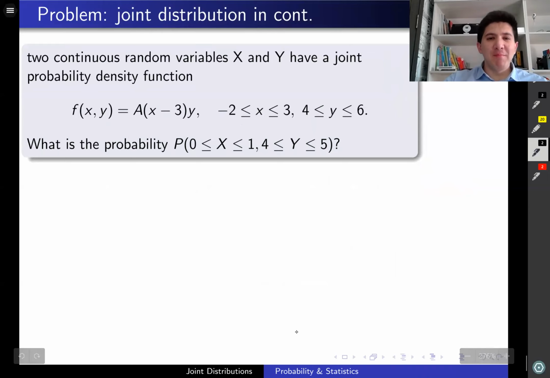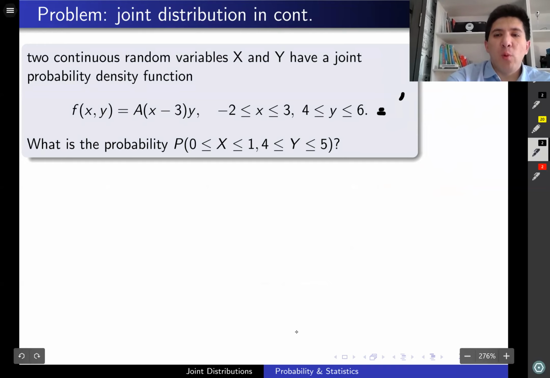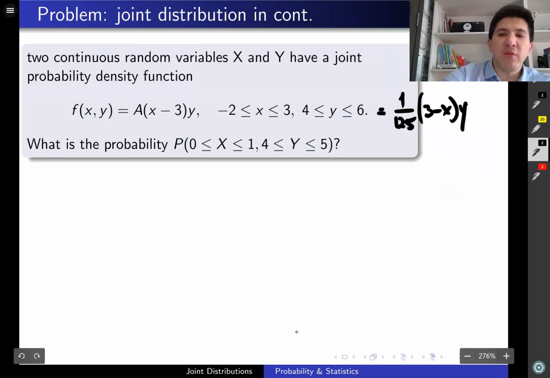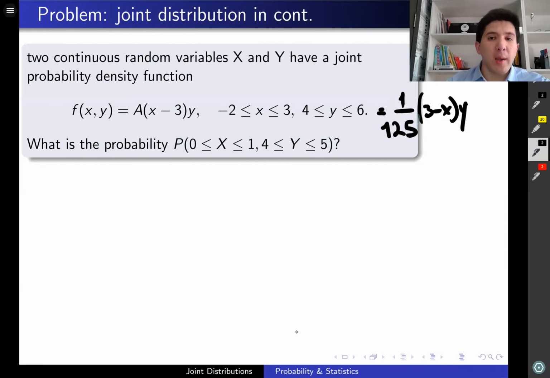In the last problem, we need to find the probability. So when x is going to change from 0 to 1, y is going to change from 4 to 5. So our density function now looks like 1 over 125 multiplied by (3 minus x) multiplied by y, since this is the value of a. We first of all need to integrate this with respect to y.